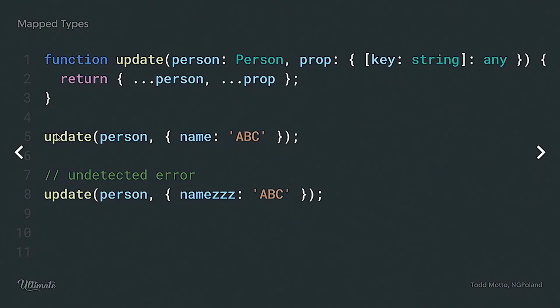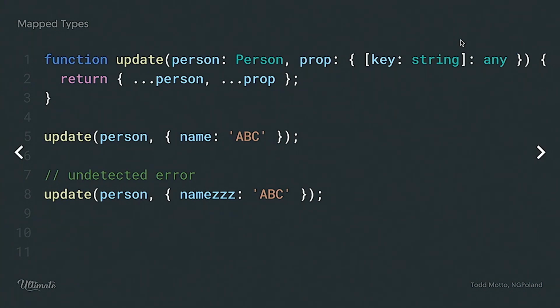So here we're going to say, I will pass in this person object, and I want to change the name property to ABC. Now, what this would actually do is give us an undetected error. So I could say name ZZZ, and this would happen because we have this key, string, and any. So if you are using this, this could be a safer way to use typings.